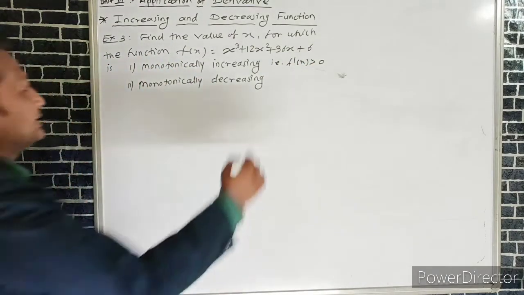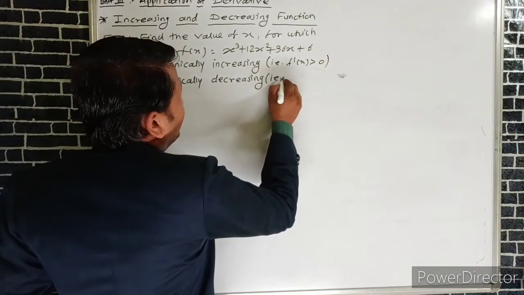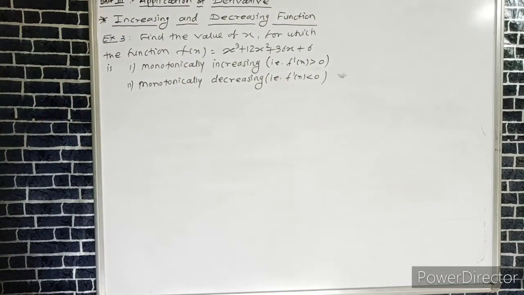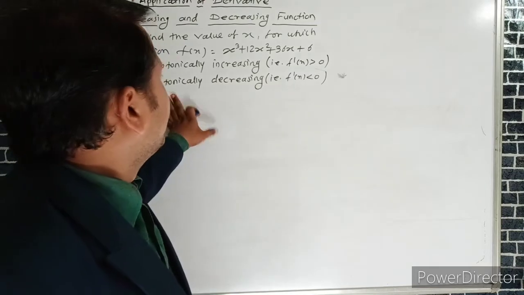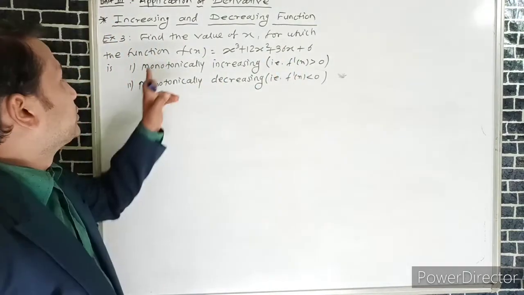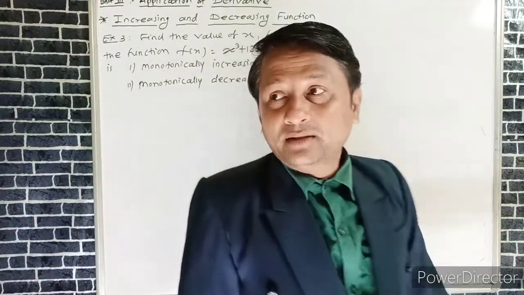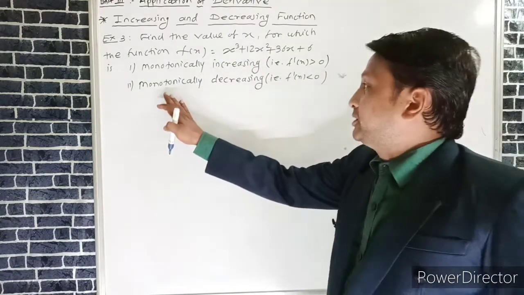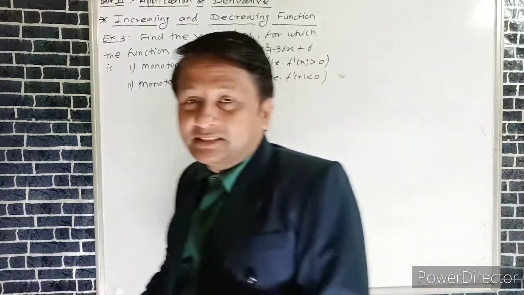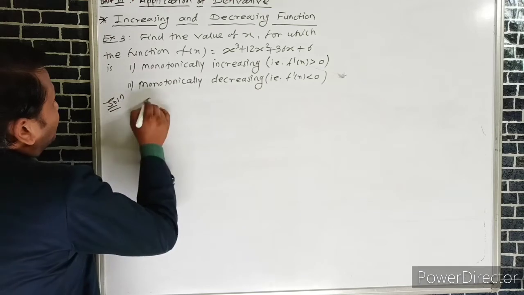Similarly, for monotonically decreasing, we can write f dash of x is strictly less than 0. So first we take the derivative of f of x, which is f dash of x. If it satisfies f dash of x greater than 0, it is monotonically increasing. If f dash of x is strictly less than 0, it is monotonically decreasing.